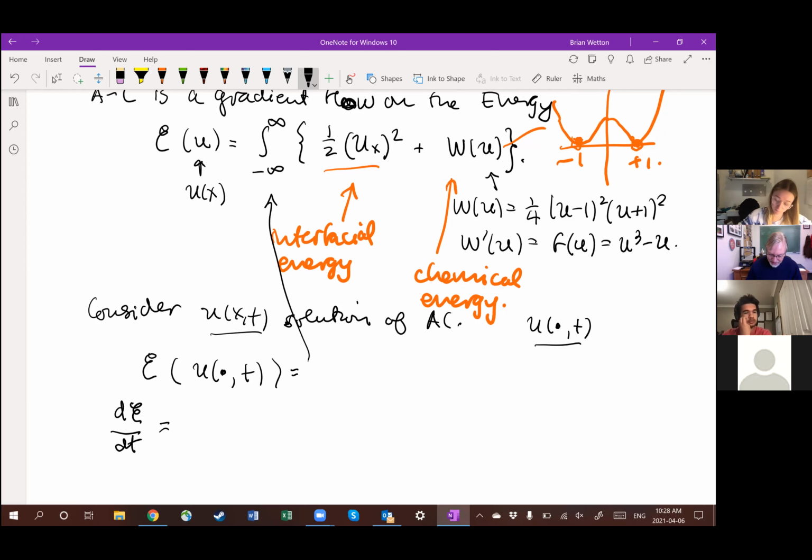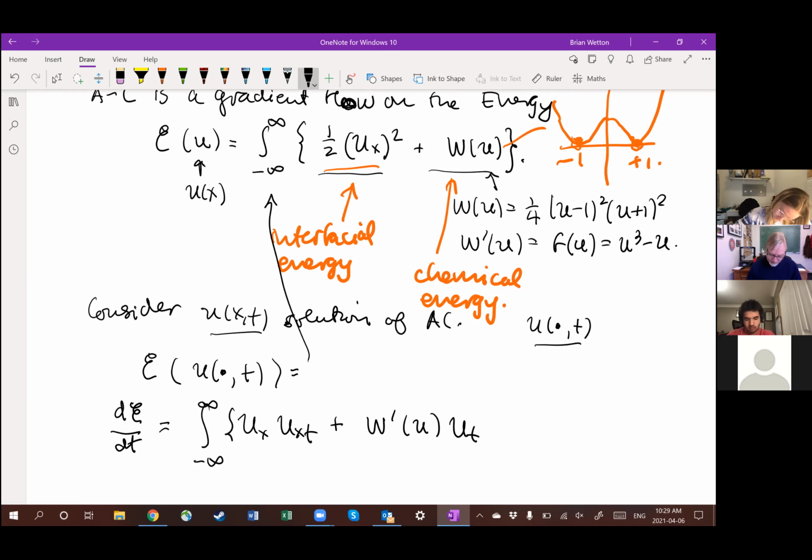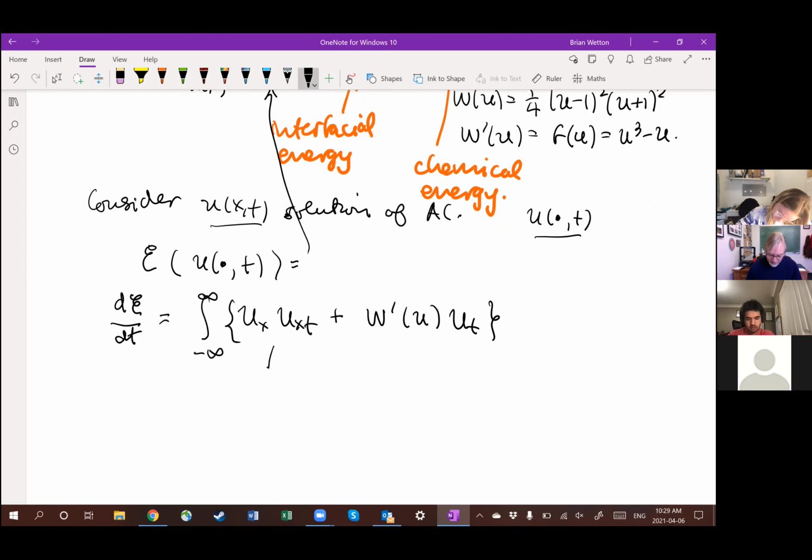Well, okay, so let's take the integral. If I'm going to take the time derivative of this integral, I have to take the partial derivative of all the stuff inside. So this is going to be u_x u_xt, right? And then I'm going to have to take the derivative of W with respect to time. So this is going to be W prime of u times u_t. And here, I'm going to integrate by parts.